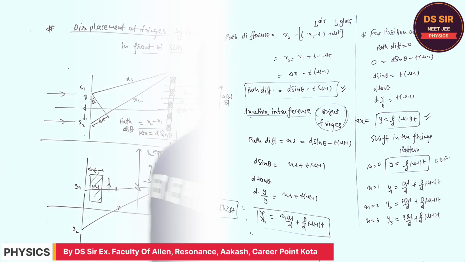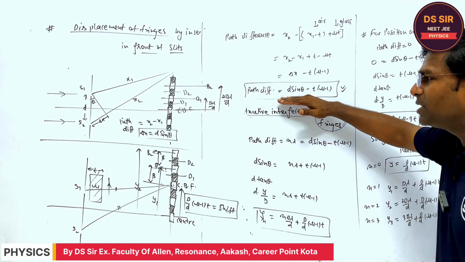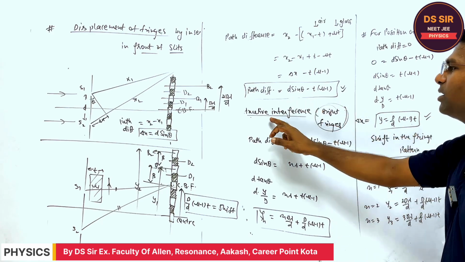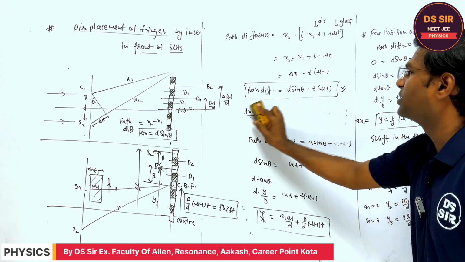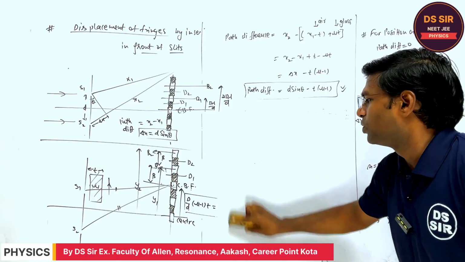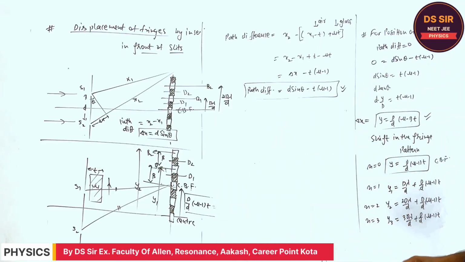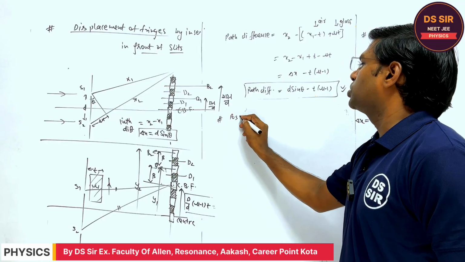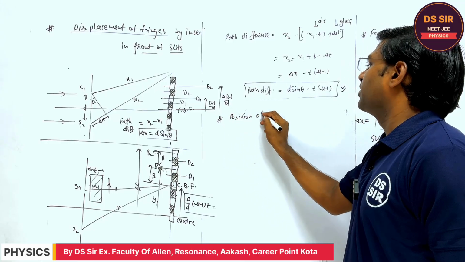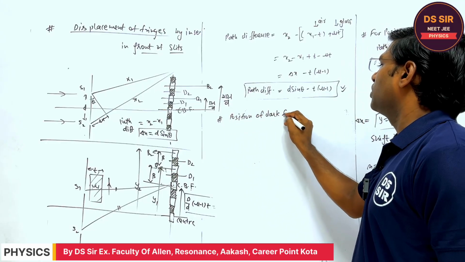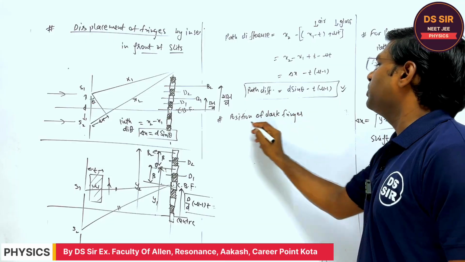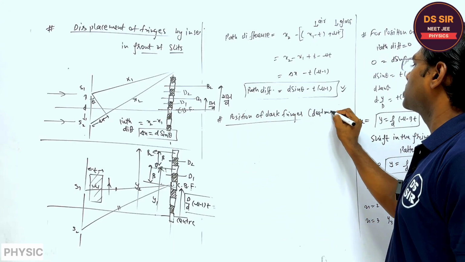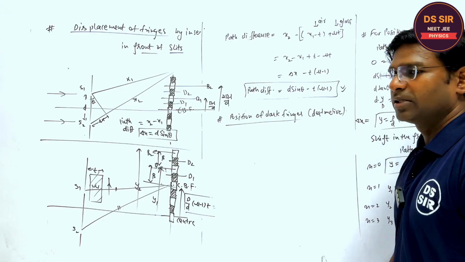Copy this. In the same way, this is the basic path difference, right? And we can find the position of the destructive interference. So I'm writing the position of dark fringes. Position of dark fringes means destructive interference, right?